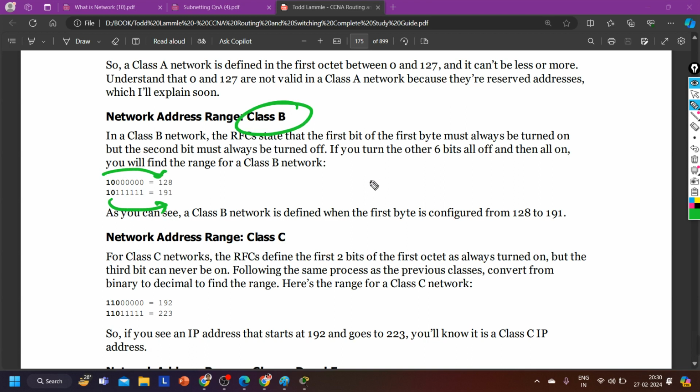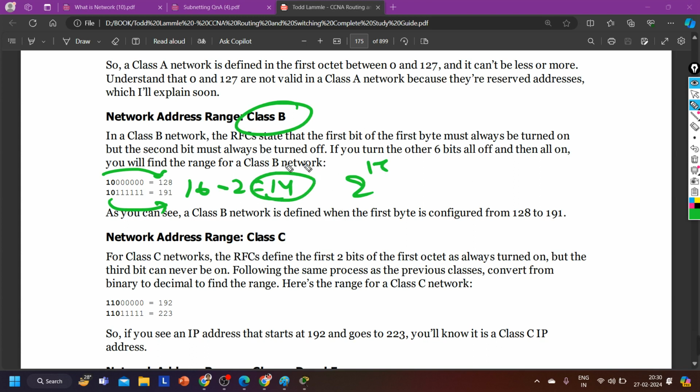There are 16 network bits in Class B, and 2 bits are reserved, so the total free network bits are 14. So I can design 2 to the power 14 networks.